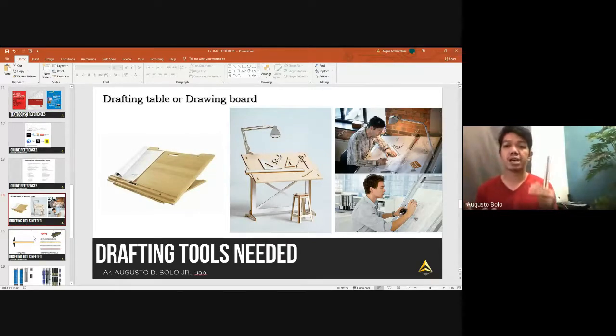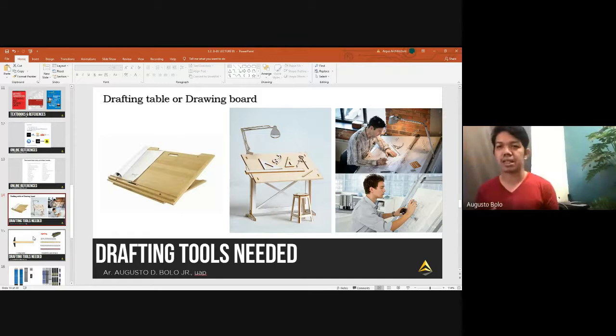But if you can have your program on drawing tapos on drafting at somehow hindi mo kailangan magpuyat. Okay? So for the drawing table, it's important na incline siya kasi yung posture mo para hindi masakit sa likod. That's the point. Okay? You can adjust it based on your ergonomics and then anthropometrics.